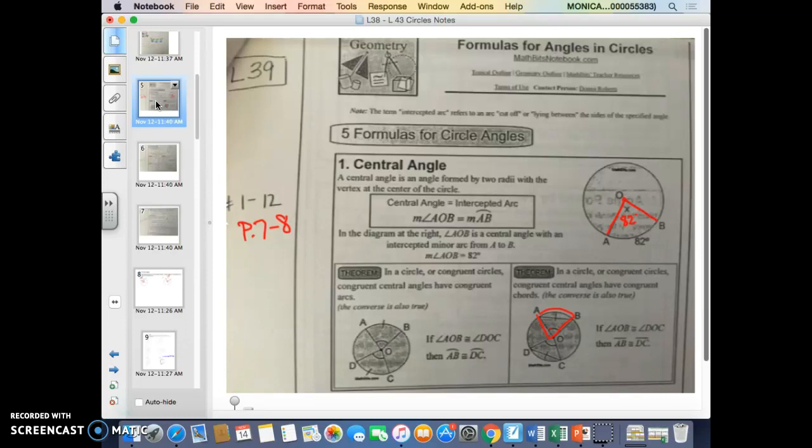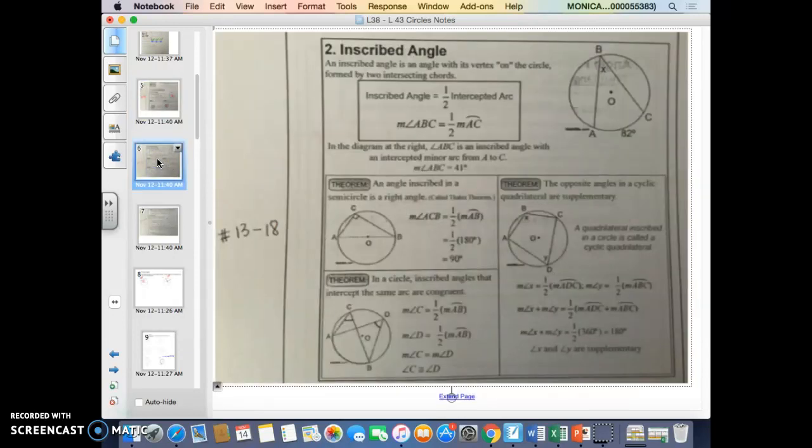So if you go back to page 4, we're going to look at the second half of page 4. And this is called an inscribed angle. Please note that for an inscribed angle, you have the vertex on the circle as opposed to on the center of the circle.